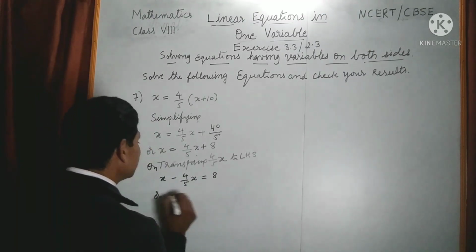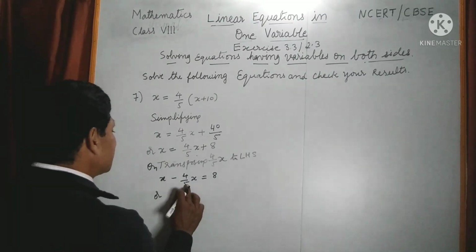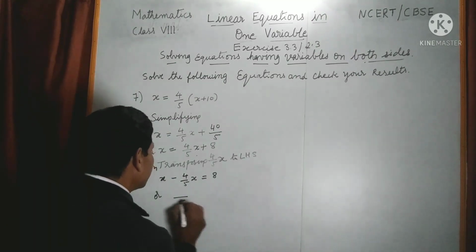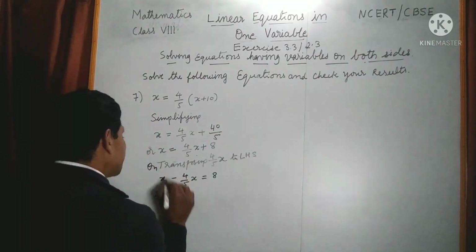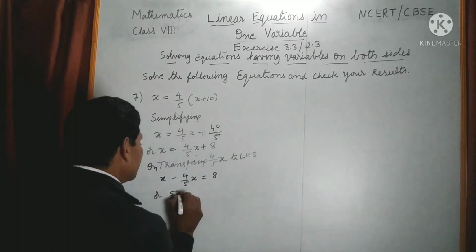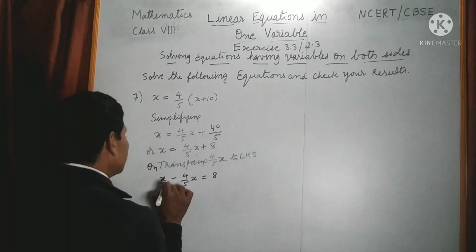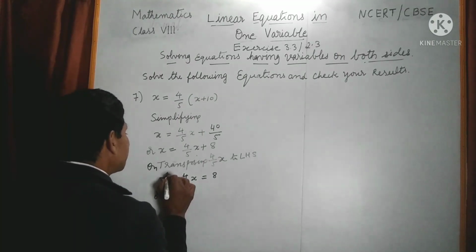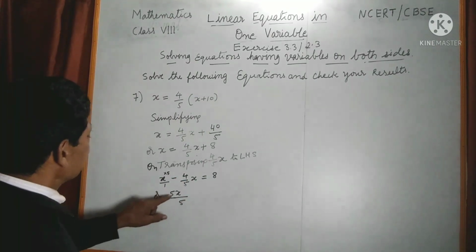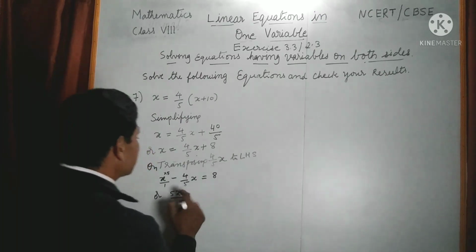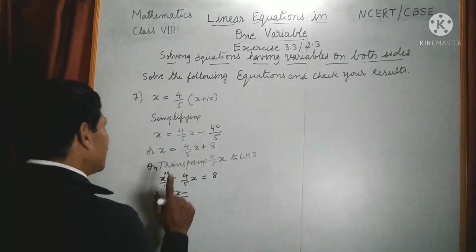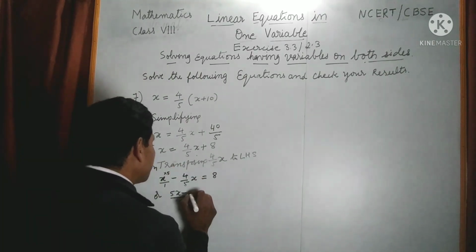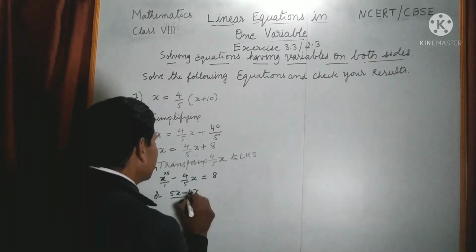or let us take 5 as LCM. 1 5 is 5. Let us see, x is nothing but x by 1. 1 5 is 5x minus 5 1s are 5, that is 4 into 1 is 4x.